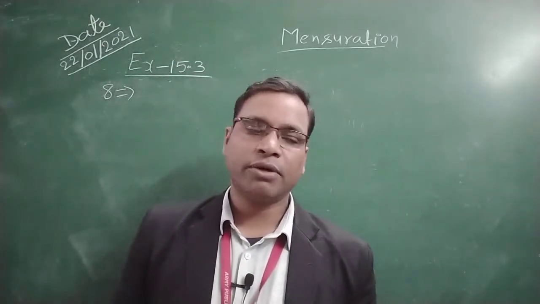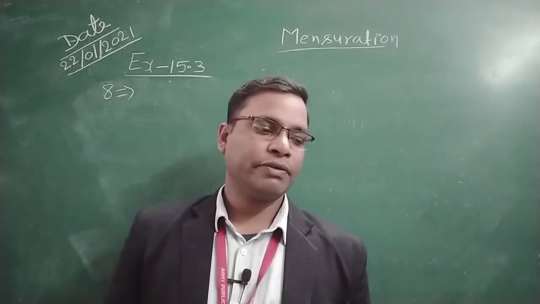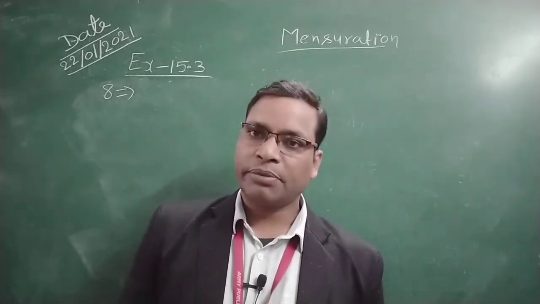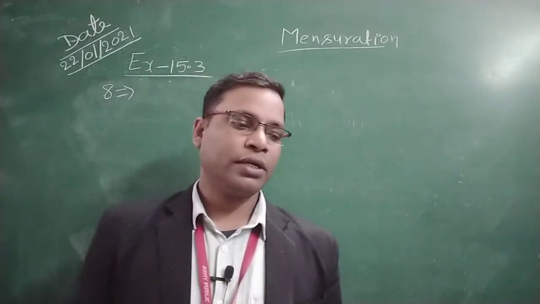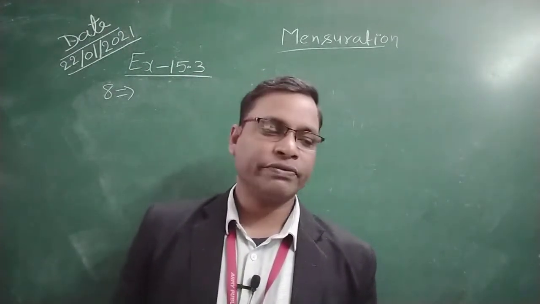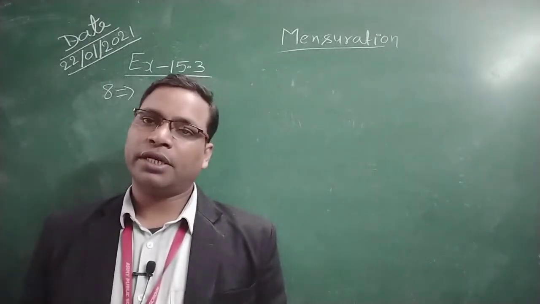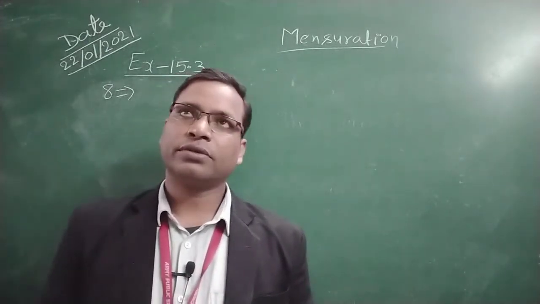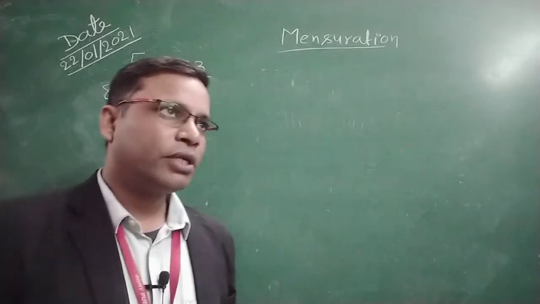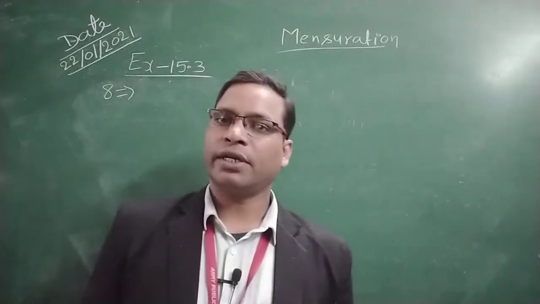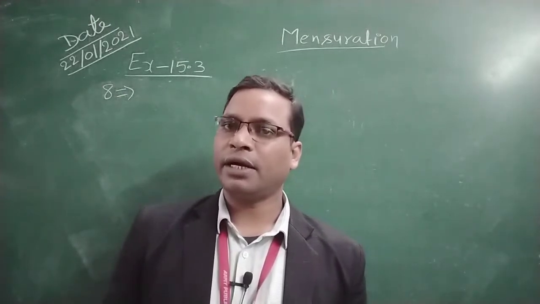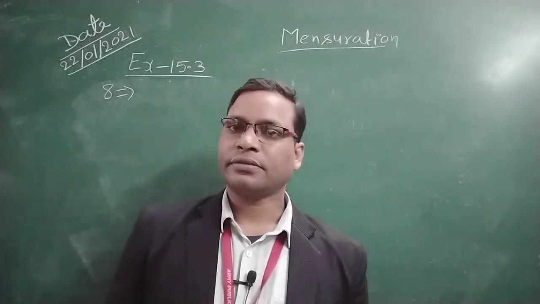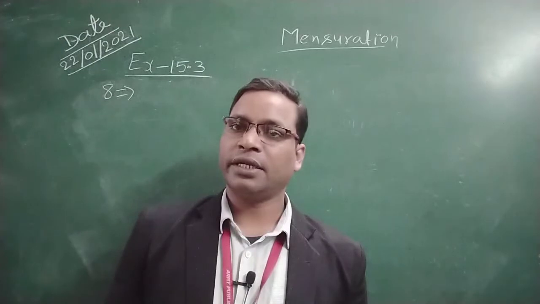Here you need to find the volume of the cylinder, and the total surface area of the cylinder is given as 6,512 centimeter square, and the circumference of the base of the cylinder is 88. So you need to find the volume. Students, the volume of a cylinder you know very well, pi r square h. So first we find the value of radius r and height of the cylinder, then we find the volume.